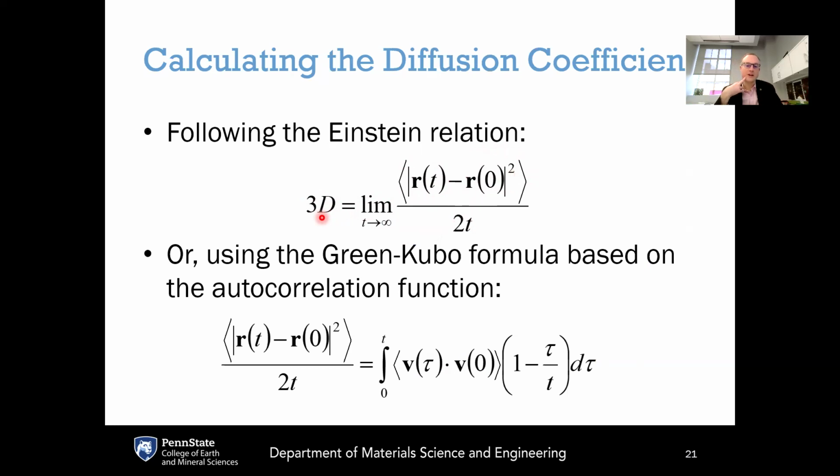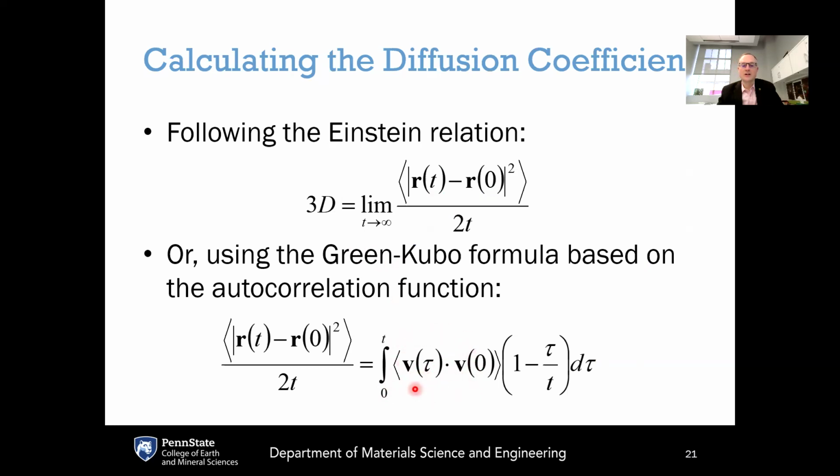Another way that this can be evaluated is based on the Green-Kubo formula. This is based on a velocity autocorrelation function. So it's keeping track of, instead of the positions, how the velocities are evolving and how the velocity at some time tau correlates with the initial velocity at time 0. And then integrating that from the initial time 0 to some current time tau.